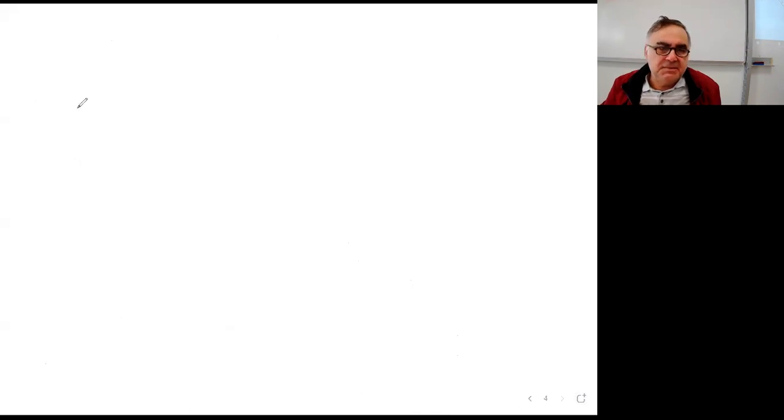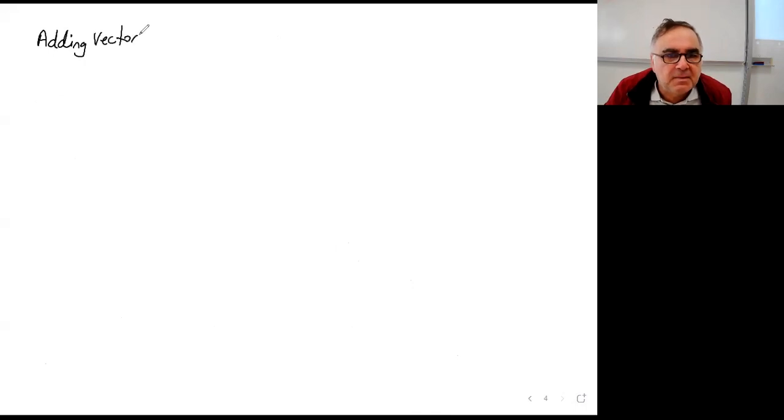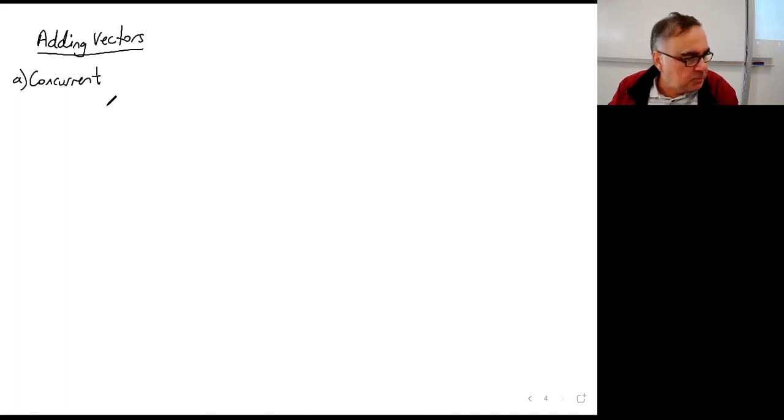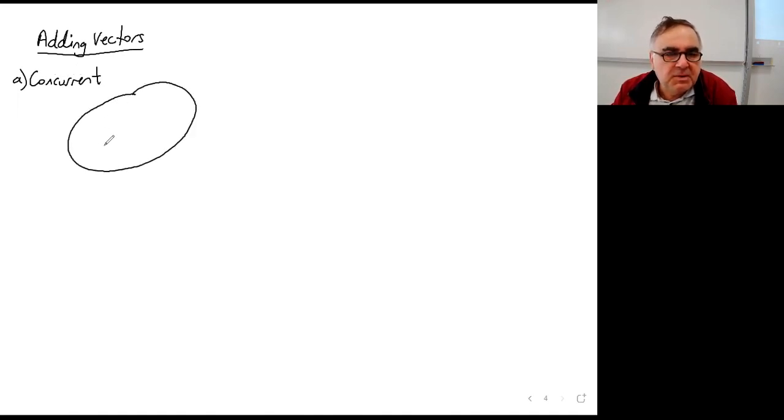Okay, just some more review. Adding vectors. Again, things possibly you know. If the three vectors are so-called concurrent, what does it mean? They are applied to the same point, or eventually their points of application reach the same point.